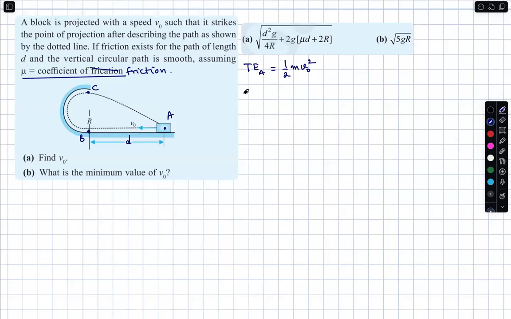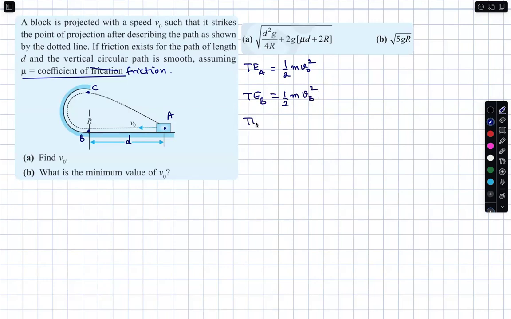The moment you reach B, the total energy is half m v B square.